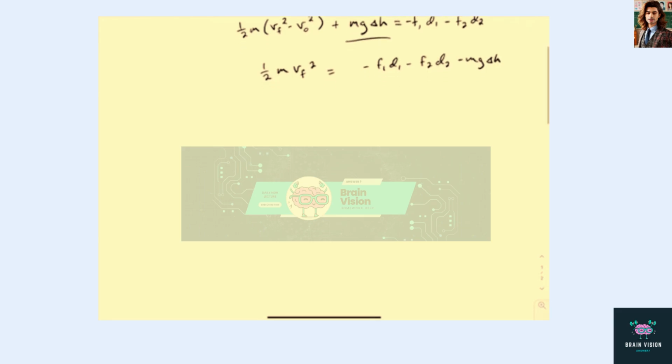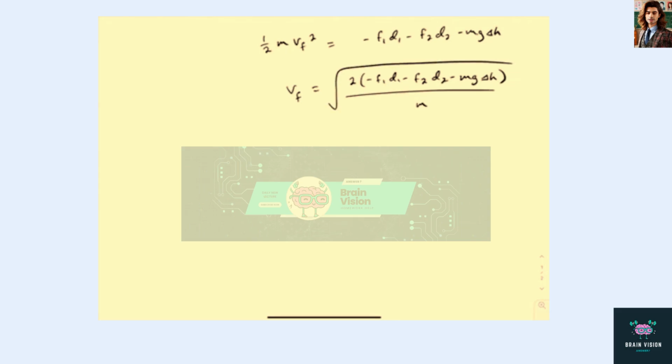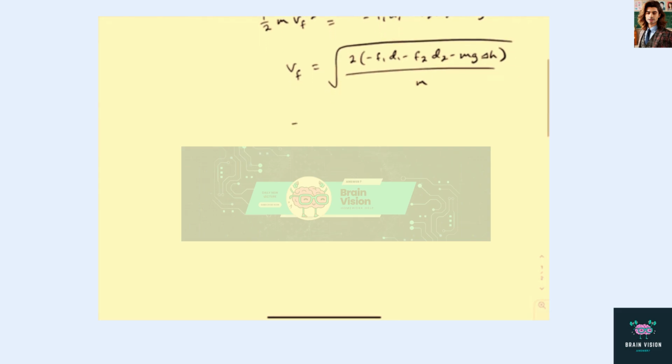And then I'll divide by m, multiply by 2. So I get 2 times minus F1 d1 minus F2 d2 minus mg delta h, divide by m and then take the square root to get the velocity. So we'll plug in all these numbers.